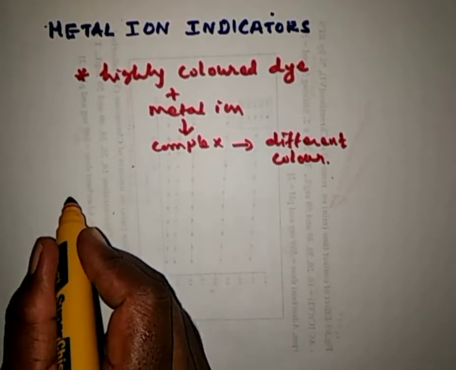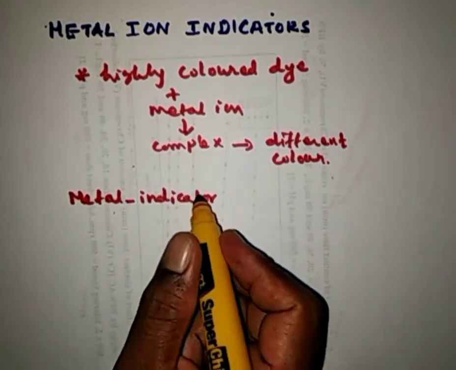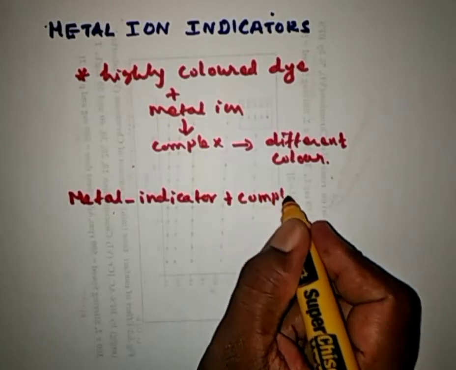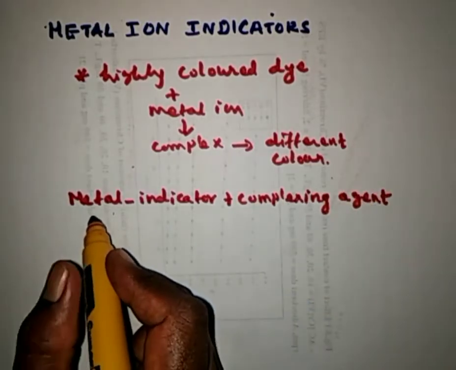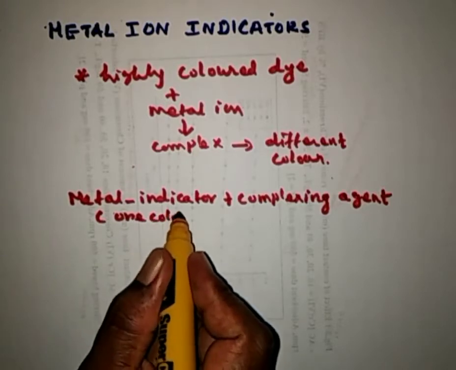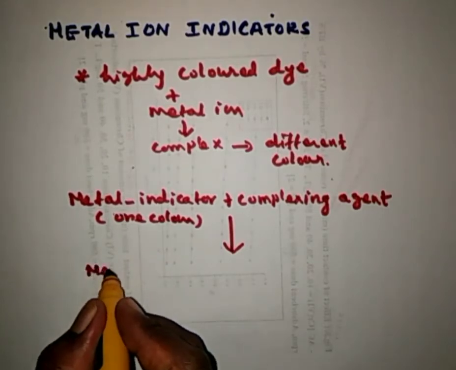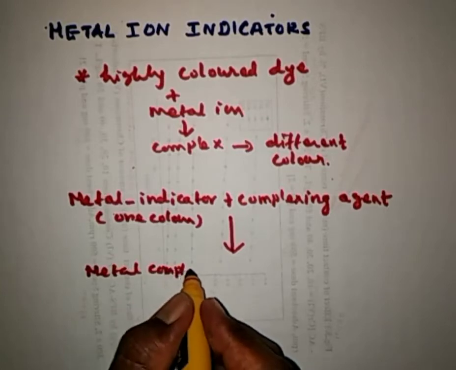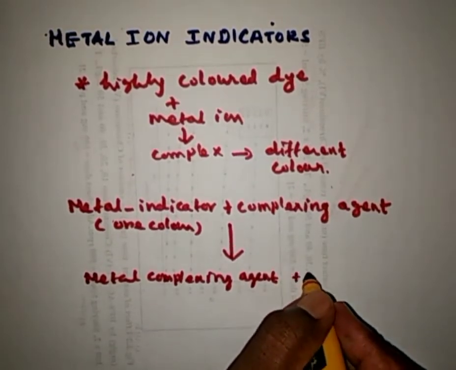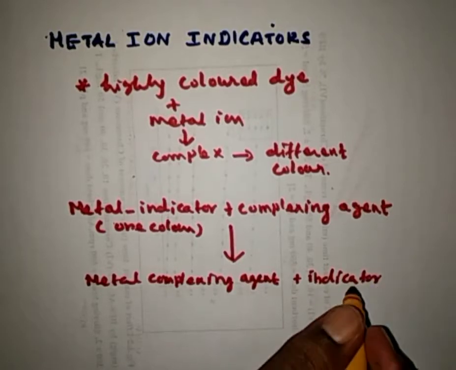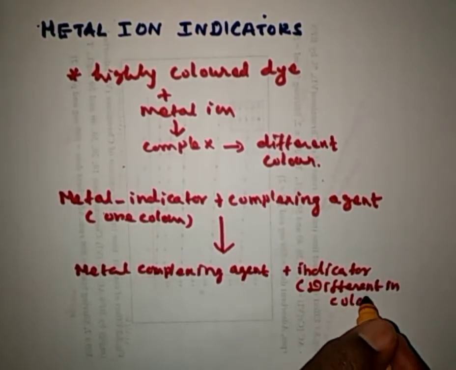For example, if we take the metal indicator and the complexing agent you are titrating, the metal indicator has one color, and it combines to give the metal complexing agent complex and free indicator. This will be a different color.